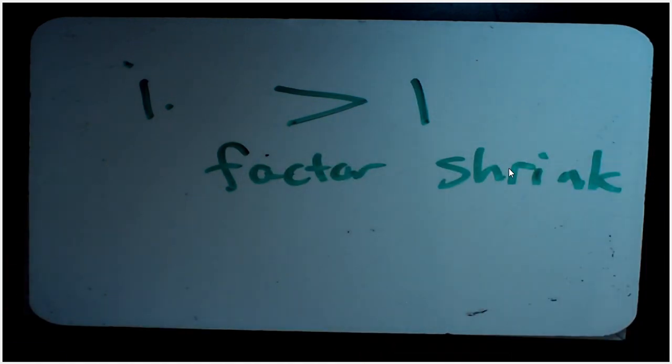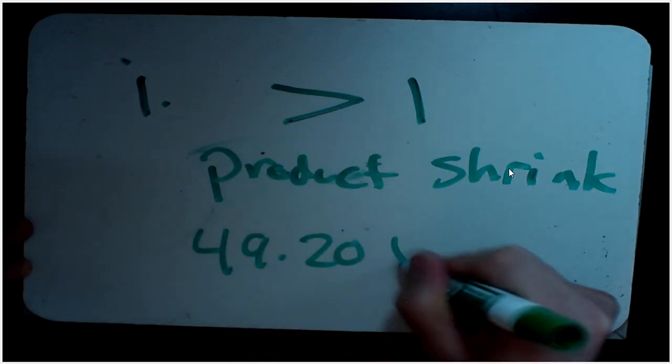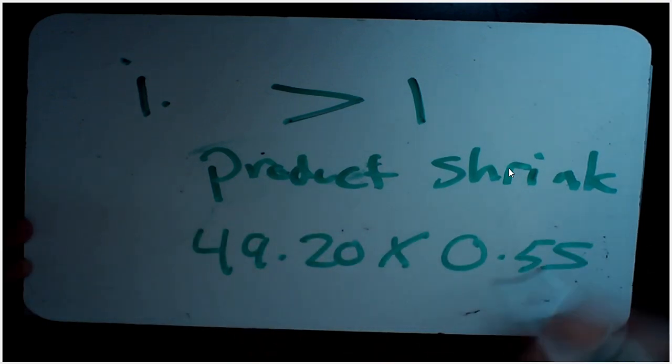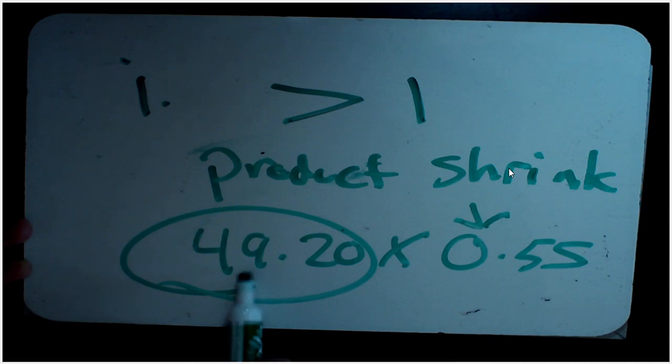The first concept being if that decimal is less than 1, your product is going to shrink from the factor. That was the example that we gave you, the first one, where we multiplied 49 and 20 hundredths times 0.55. This is less than 1, so my product will be shrinking from this number. So that's a key concept to remember.